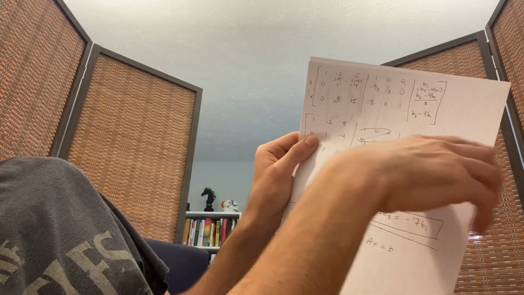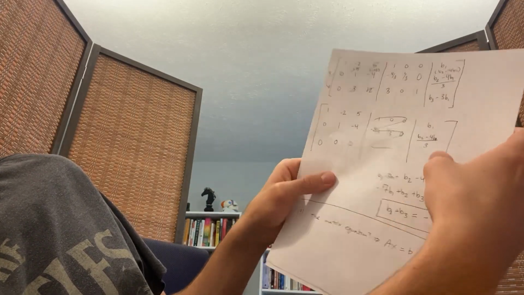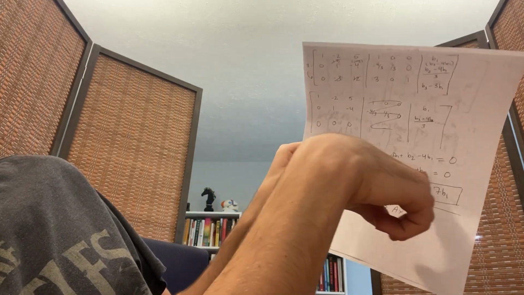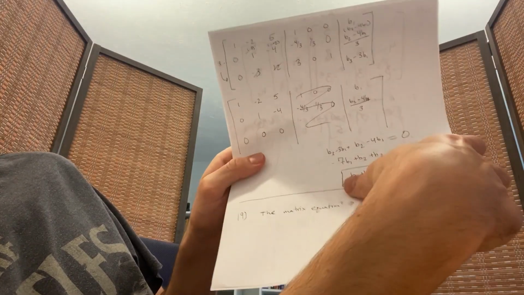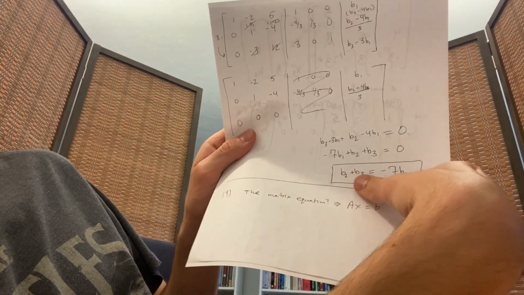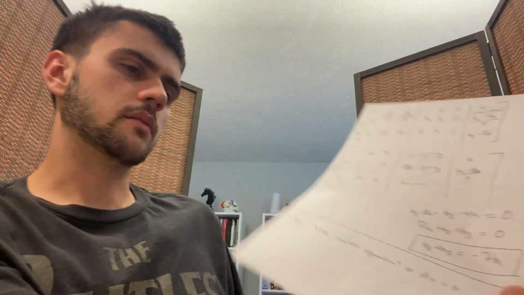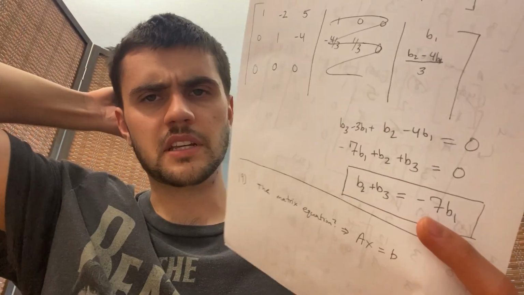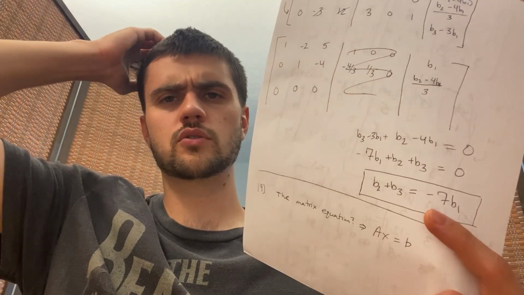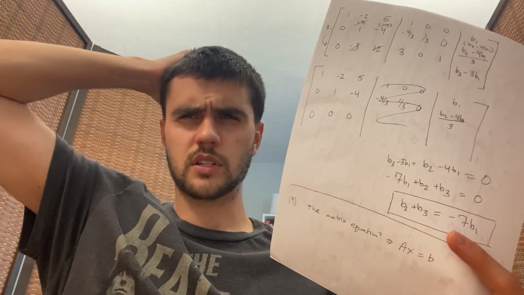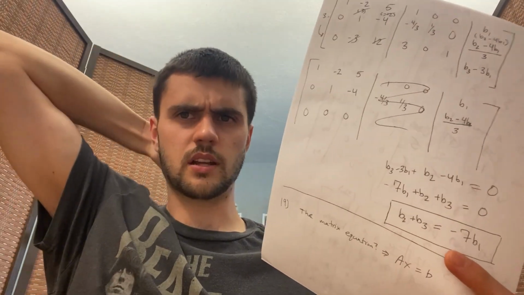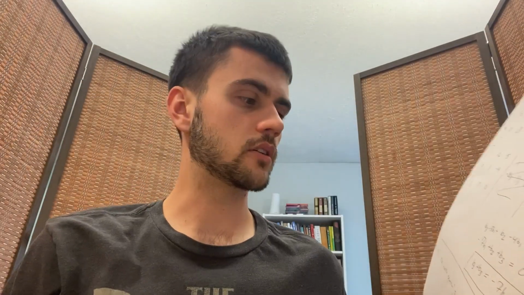So then we know that this row of zeros, the corresponding b needs to be 0. So I simplified that to b2 plus b3 must equal negative 7b1. I feel like there was more that I needed to state, but this makes sense to me. This is the constraint. As long as this is true, it should be consistent, I think, but we're going to find out if that's right or wrong tomorrow.